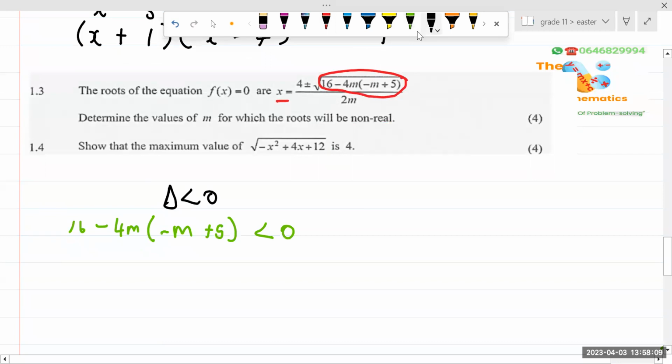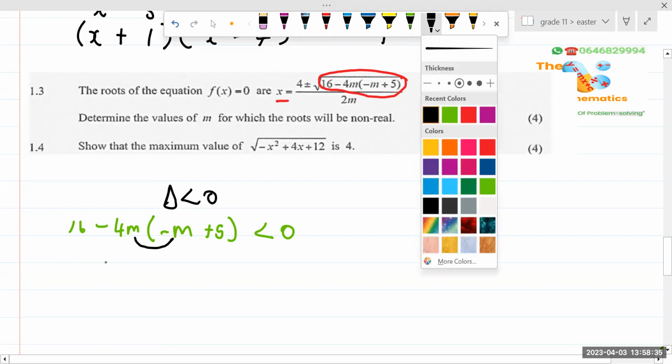And then we'll start to work from here. We are going to ask Amogelang, since you are still new, what is the first thing that we're going to do here? Multiply m with negative m. Okay, let's first do that.